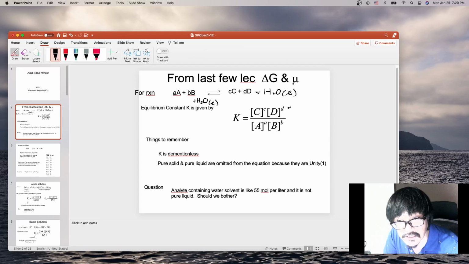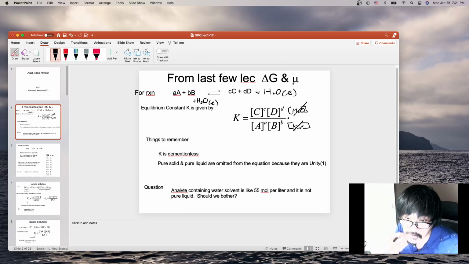So you may actually have this concentration of the H2O here and here, right? But because this is a solution, or the solvent, that concentration doesn't change. It's 55, right? So for the diluted solution, it's going to be cancelled.